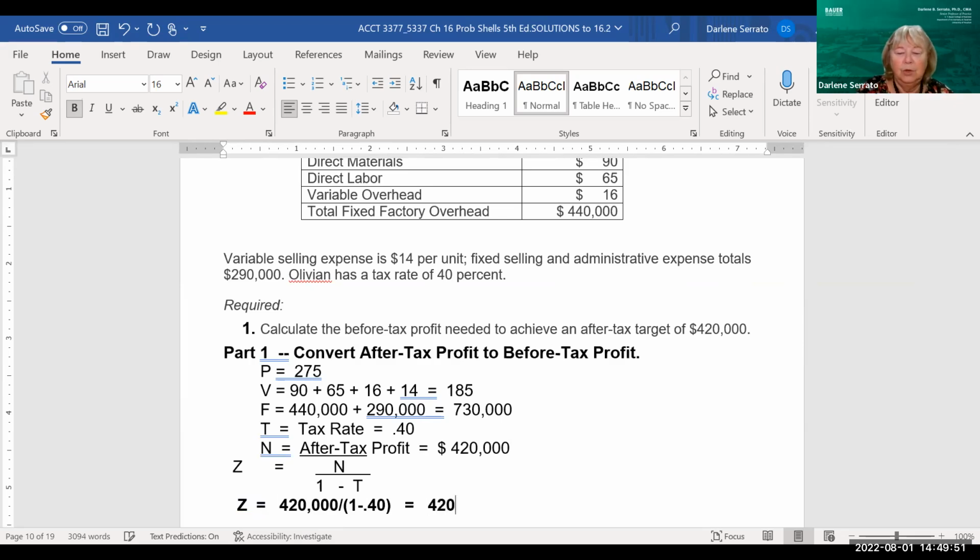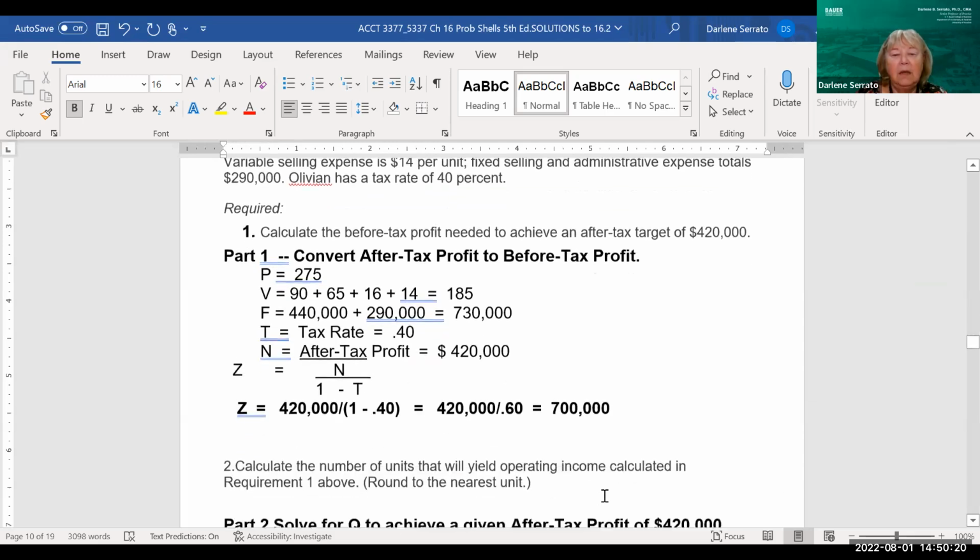So that's 420,000 divided by 0.60, which gives us 700,000. A common mistake students make is that instead of dividing by 1 minus the tax rate, they divide by the tax rate, so Z ends up being calculated incorrectly.